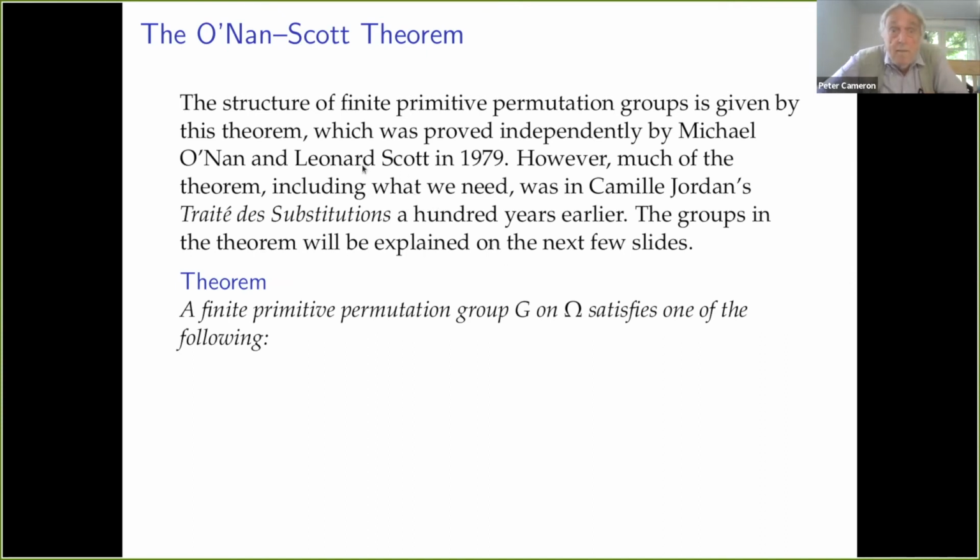But anyway, it turns out that a good part of the O'Nan-Scott theorem was already in Camille Jordan's Traité des Substitutions, published in 1870, if I remember correctly. So all that I'm going to need is in there. And basically, it classifies finite primitive permutation groups into 4 types.